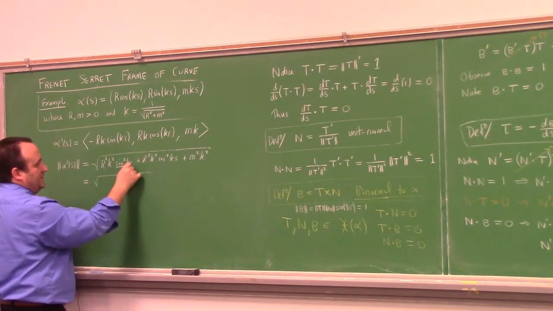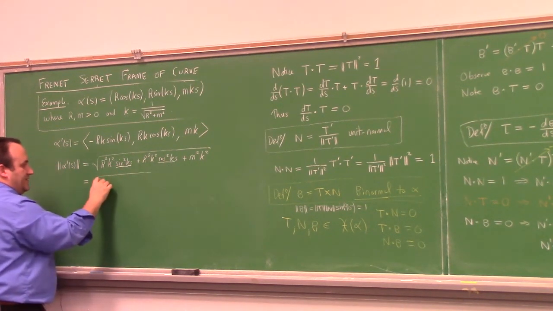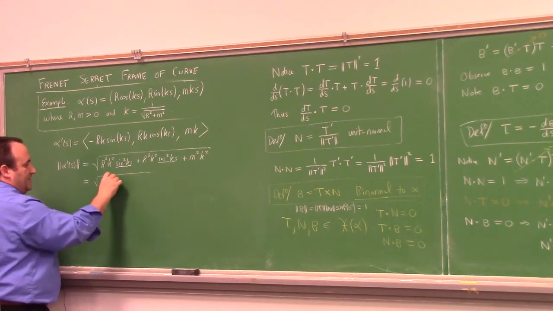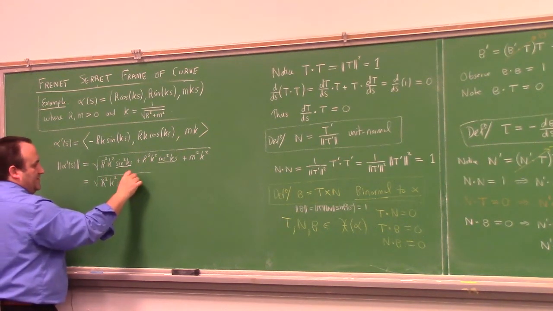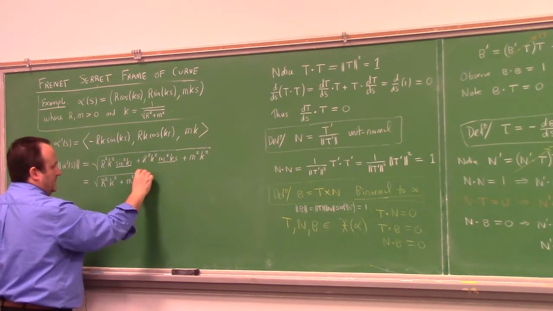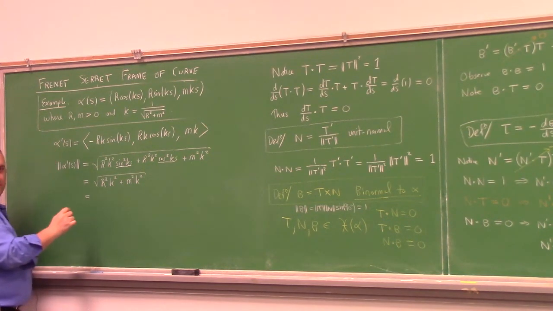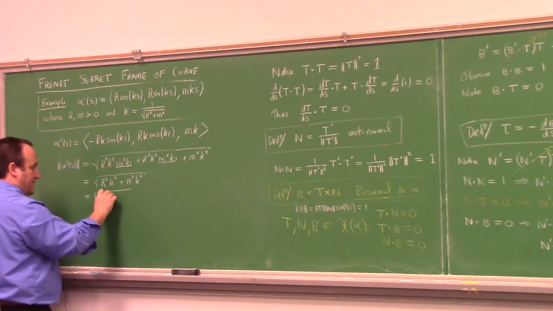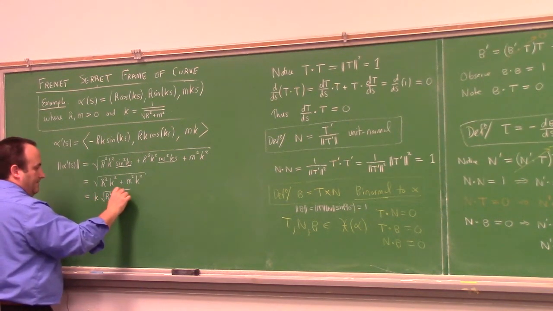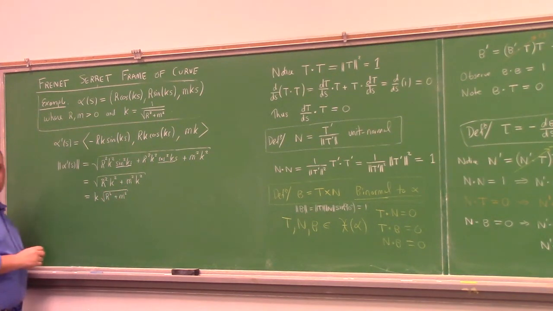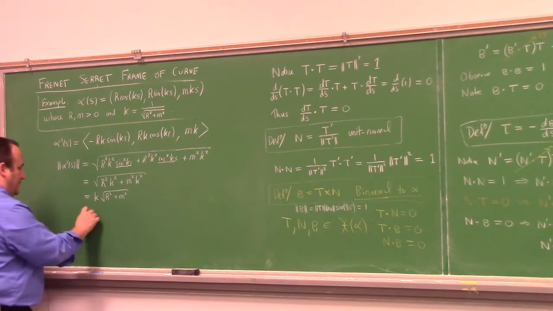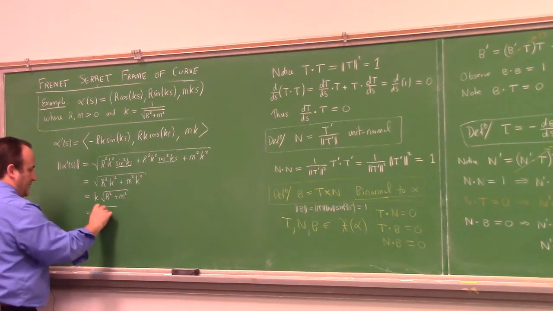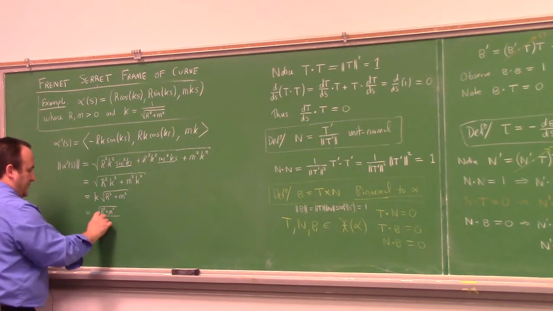So we can just take these together and convert it to R squared K squared plus M squared K squared. So we could factor the K squared out, right? K times the square root of R squared plus M squared, which is just what? Oh, K was 1 over the square root of that. So lo and behold, we've got the square root of R squared plus M squared over the square root of R squared plus M squared. So you know what? Good news.